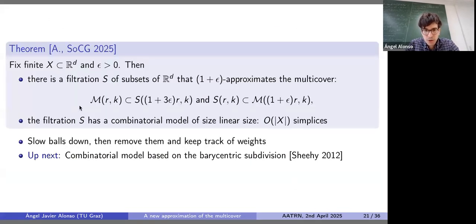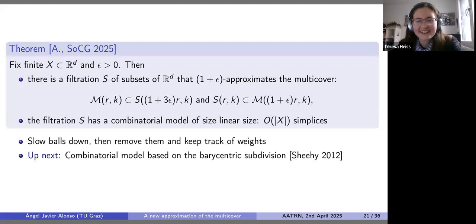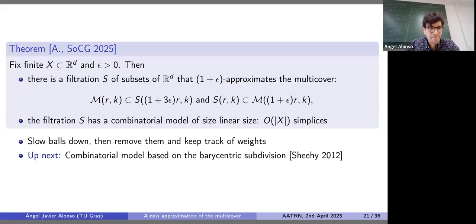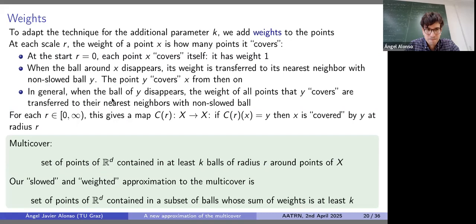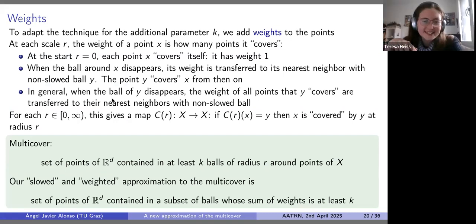Can I interrupt you for a moment? Yeah, sorry, for sure. If you could go back to the slide, I have a question. I think I know the answer, but just to make sure: there are also weighted Delaunay triangulations, right? And this is now a definition of weights in a context that is similar to the Delaunay triangulations, but it's not the same weight, right? I should not think of it as similar at all.